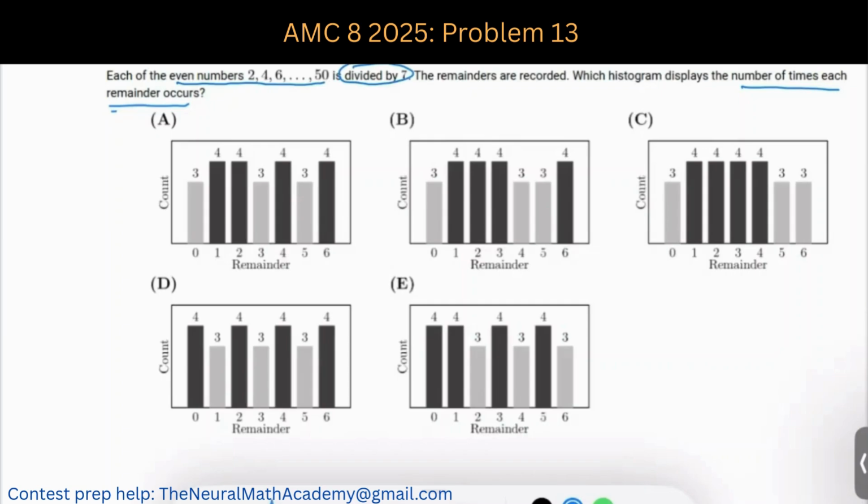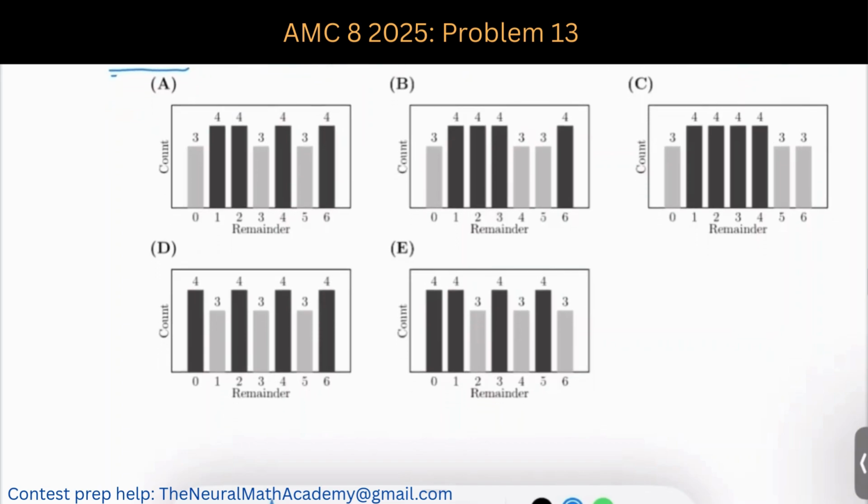So in order to solve a problem like this, it is better if we create a list of the possible remainders first. So we have 0, we have 1, 2, 3, 4, 5, and 6.